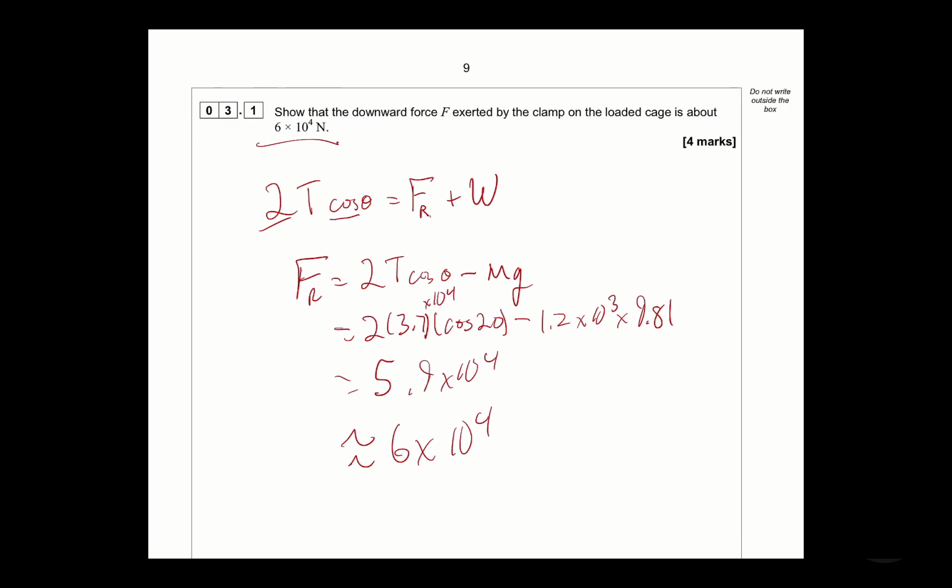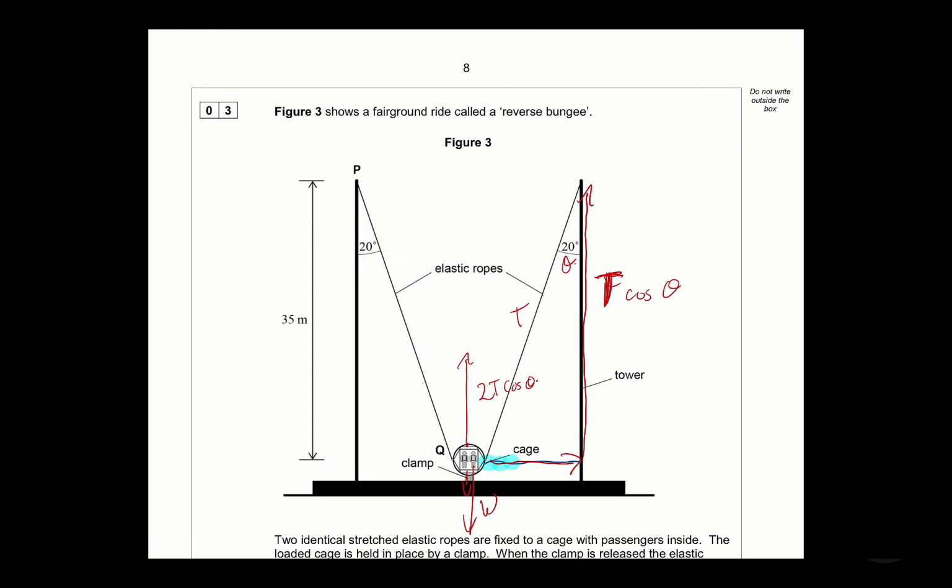So first things first, the length of the rope when it is stretched. Well, again, a little bit of trig. If this is 35, then we have to divide by cosine 20.